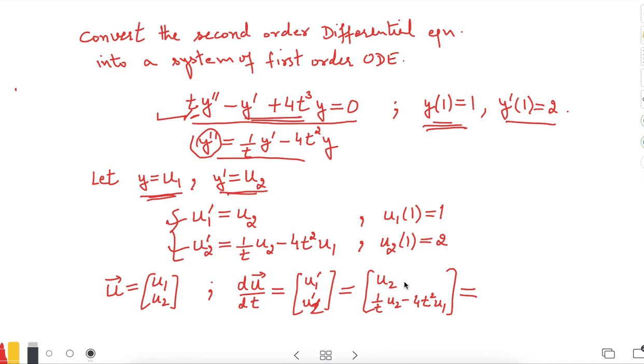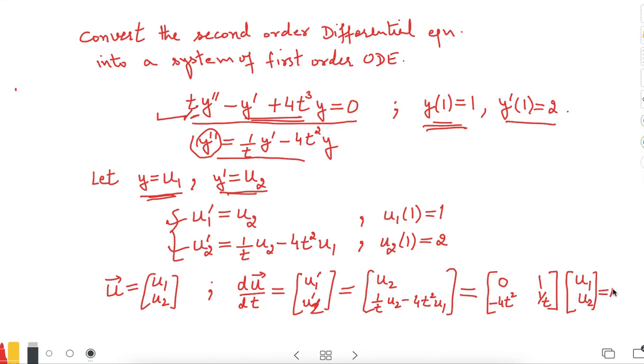And this is a column vector which can easily be written in terms of a matrix times the dependent variable u. Okay, we can easily rewrite it as a matrix times the dependent variable which is u1 u2. So you can easily see that we need the coefficients of u1 in the first column and the coefficients of u2 in the second column. What we'll have in the first equation is 0 1, and in the second we will have minus 4t square of u1 and 1 by t of u2.